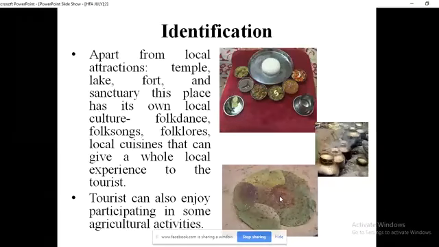In the same way, in the above picture we see how they cook the feast for marriages, rituals, etc. So we can also involve tourists in agricultural activities where they can enjoy and learn some new skills.